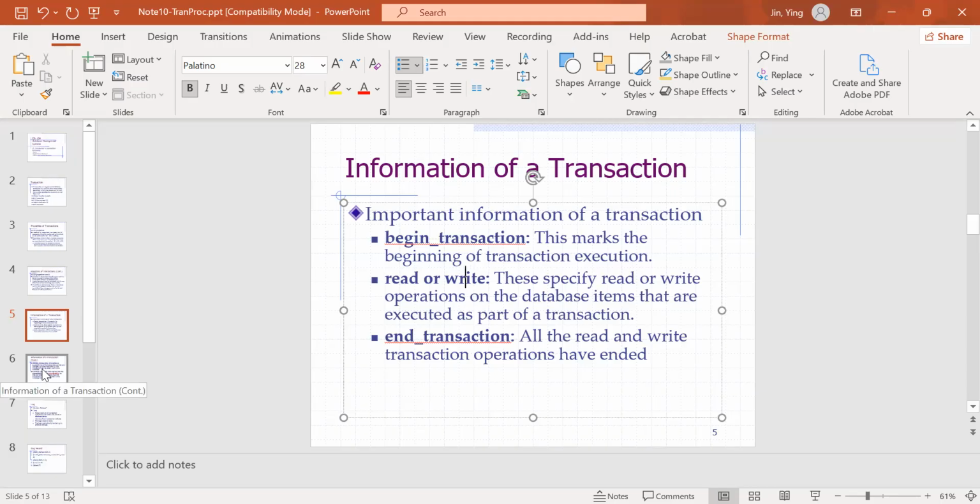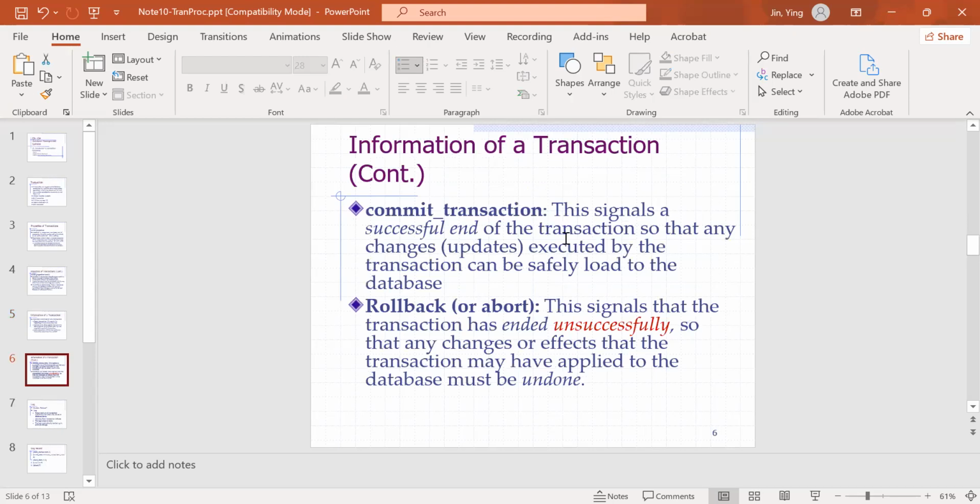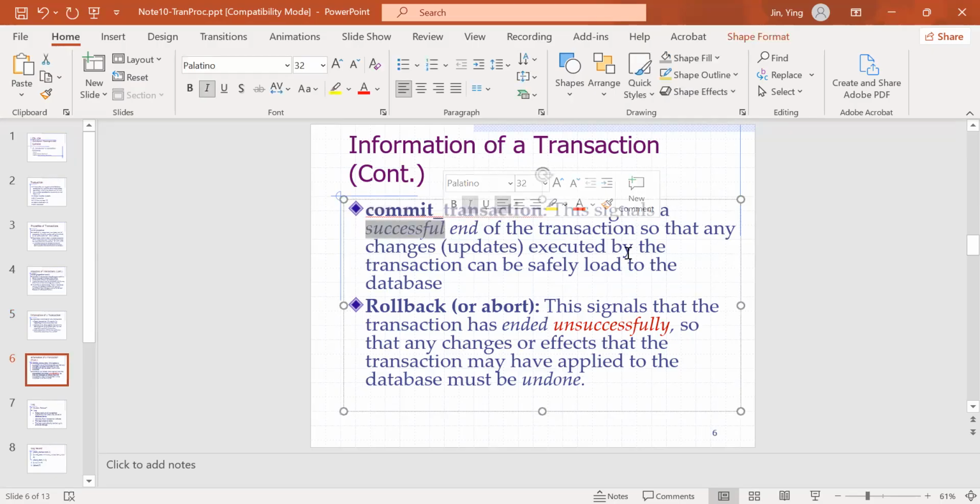Okay, then let's see the commit transaction. At the end of a transaction, if all the operations are successful, we can commit. This means all the changes made by the transaction after we commit can be safely loaded to the database.